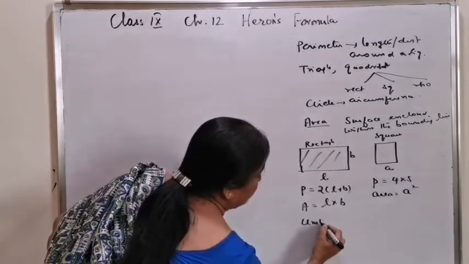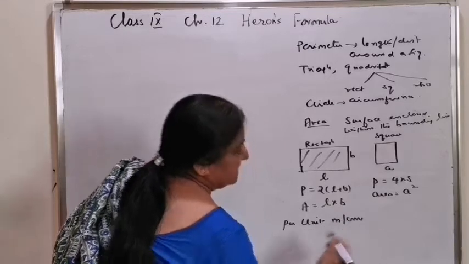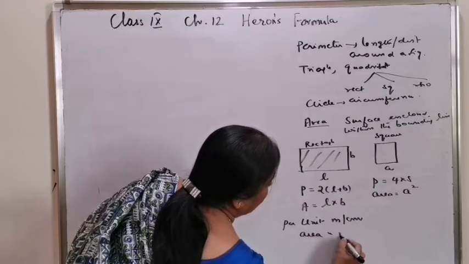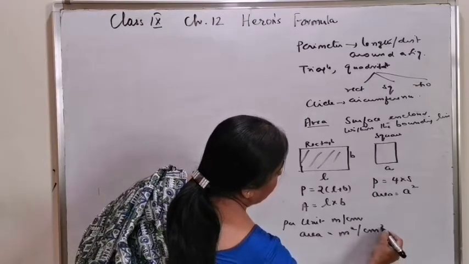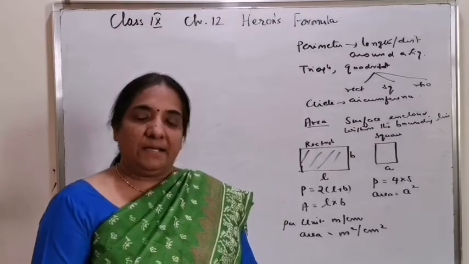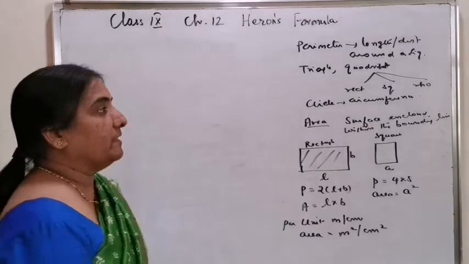Perimeter units will always be meter, centimeter or kilometer, whereas area units will always be meter square, centimeter square, kilometer square, etc.